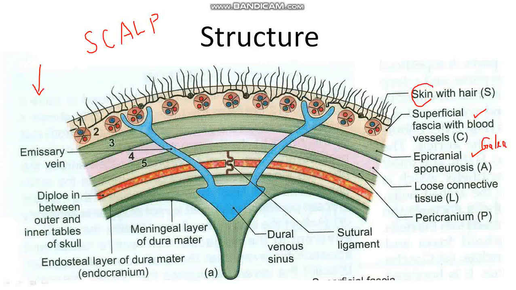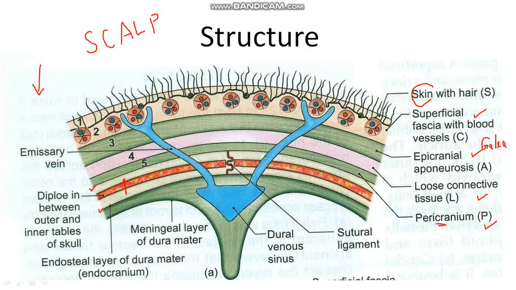Then further deeper, loose connective tissue and pericranium. Deeper to this pericranium, we see the bone, which has two tables, an outer table and an inner table.